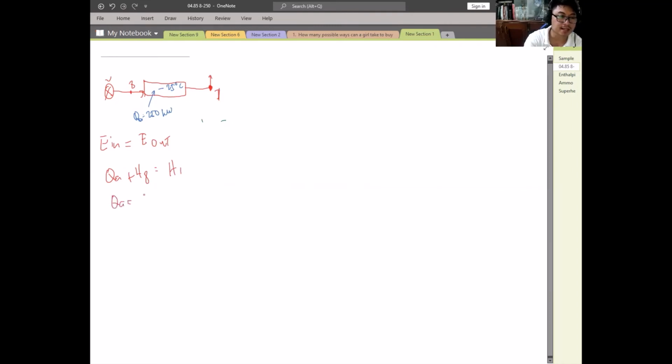Okay, simplify natin. So H1 minus H8. I-convert natin sa specific enthalpy. Value ng given natin. So mass in M1. No? So constant ng mass niyan.